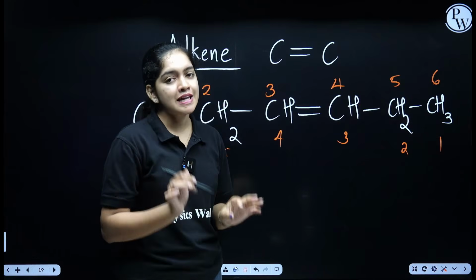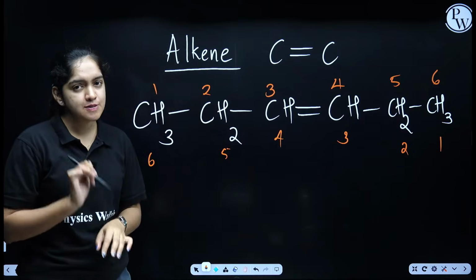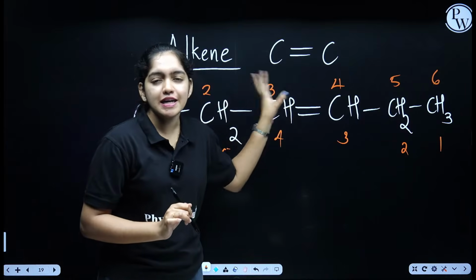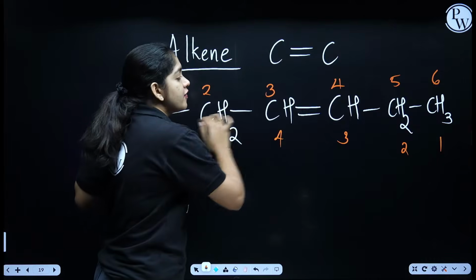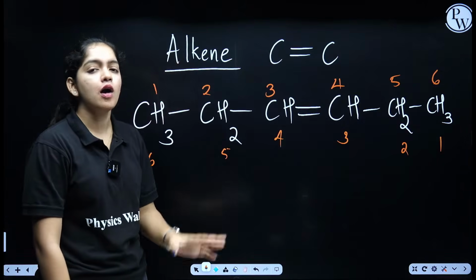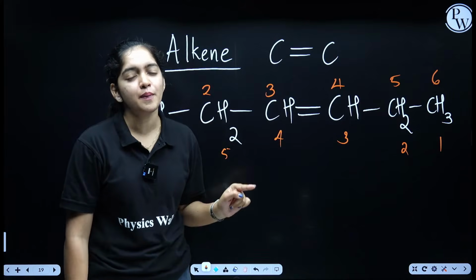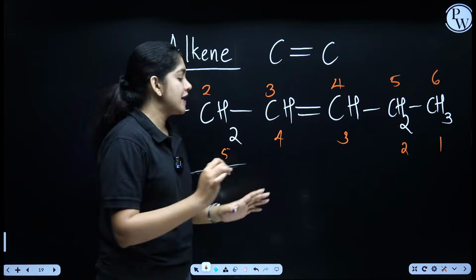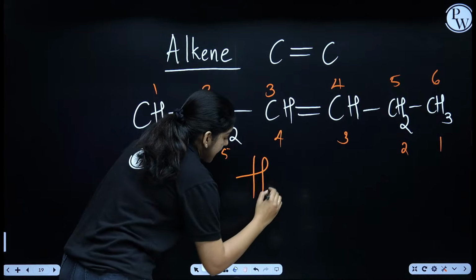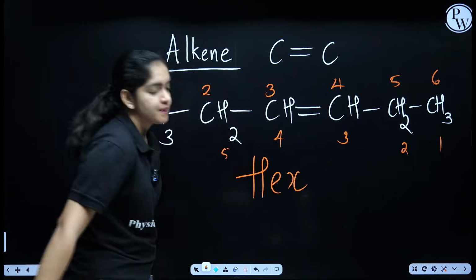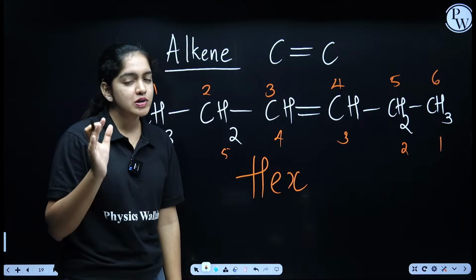While comparing 3 and 4, which is the smallest number? 3 is the smallest number. So, we can take 3 as the number. Now, identify the longest chain. Which is the longest chain here? How many carbons are present in the parent chain? Only 6 carbon atoms are present. 6 means the name will be what? Hex.